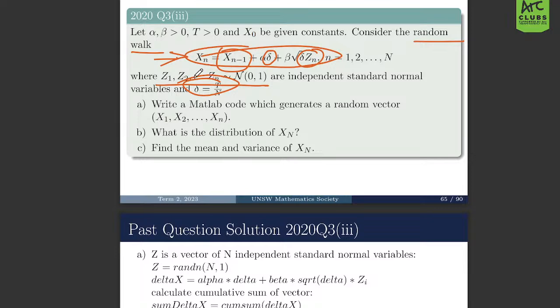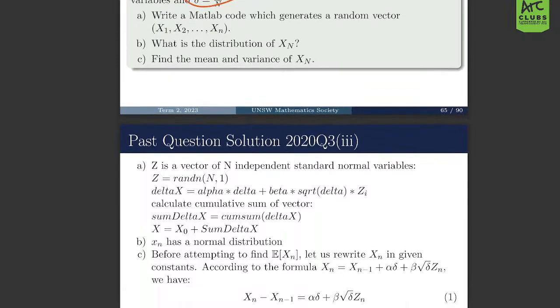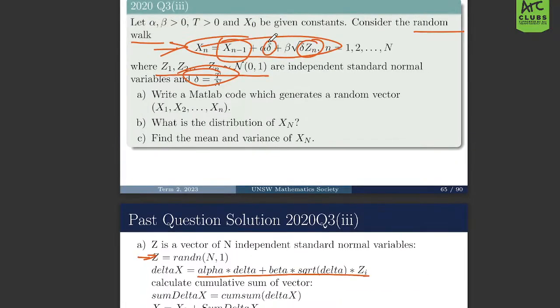And the thing that we know is the Z's, the standard normal variables. So firstly, we can just use the MATLAB function randn to give you a vector of random standard normal variables.